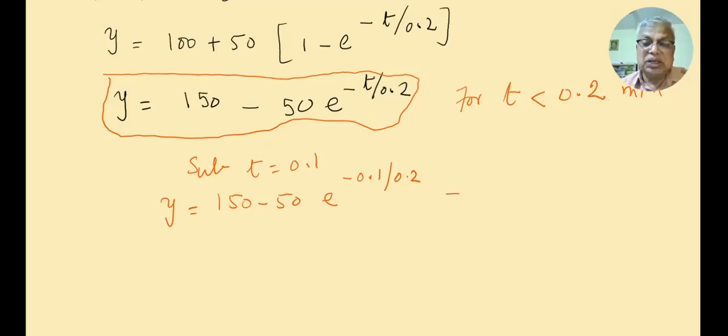So the answer will be 119.67 degrees centigrade. So at 0.1 minute, the thermometer reading is going to be 119.67 Celsius.